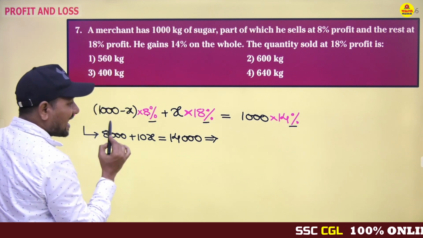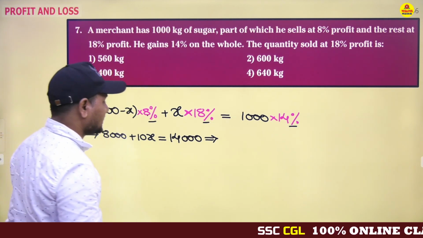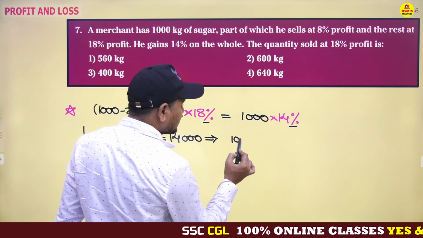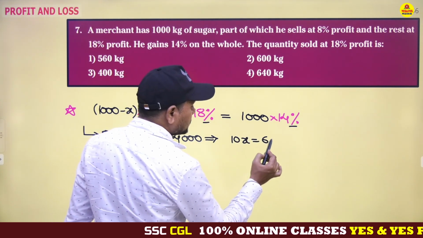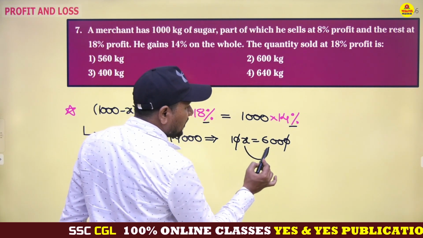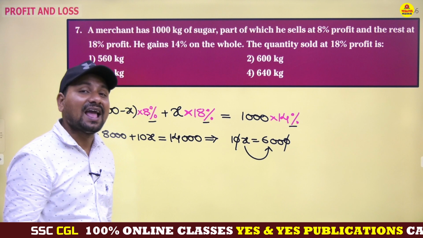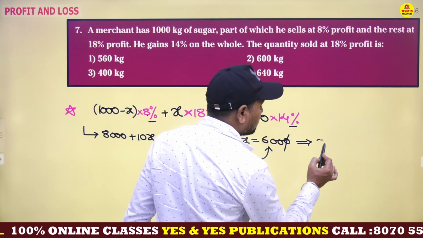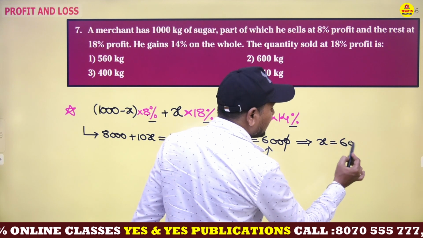From 14,000, 8,000 will be removed and you will get 6,000. Then 10x equals 6,000, zeros cancel. X equals 600 kgs.